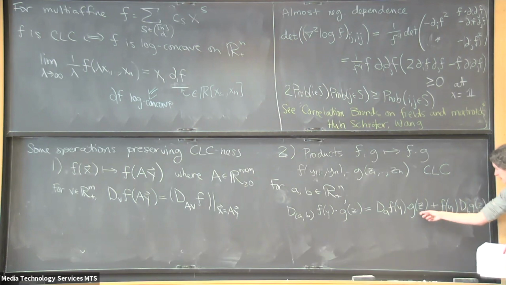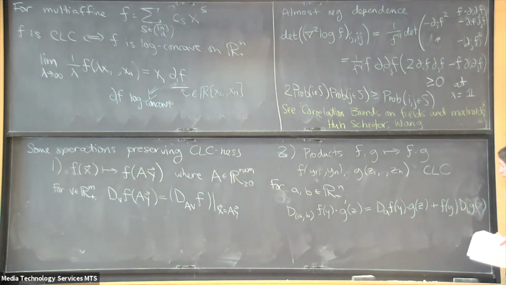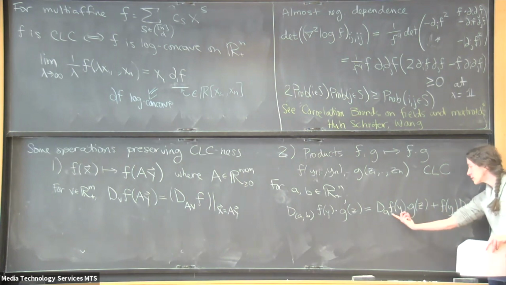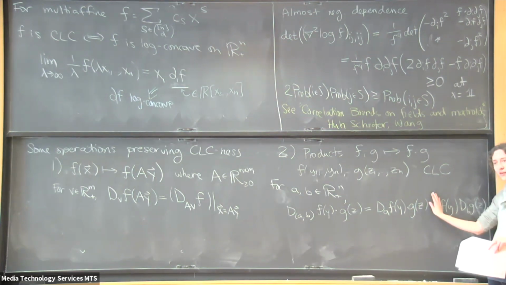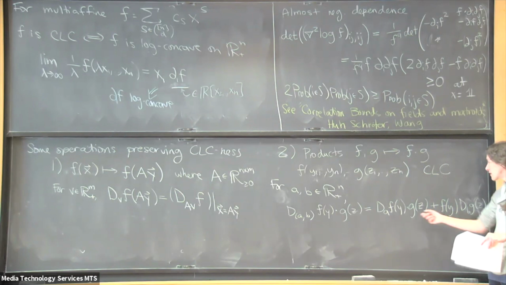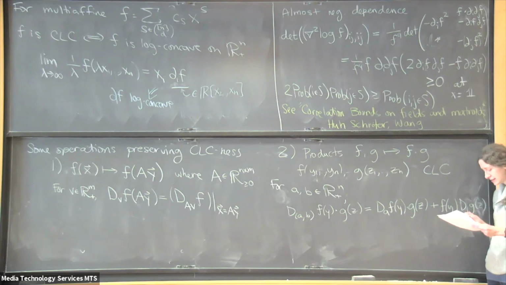So this is the sort of thing we need to prove is completely log-concave. By an induction on the degree, you can assume that each of these individually are, because you're taking the product of two completely log-concave polynomials of lower degree. And so what you need to be able to do is add these two things together.